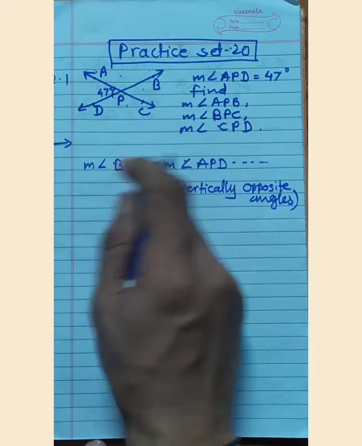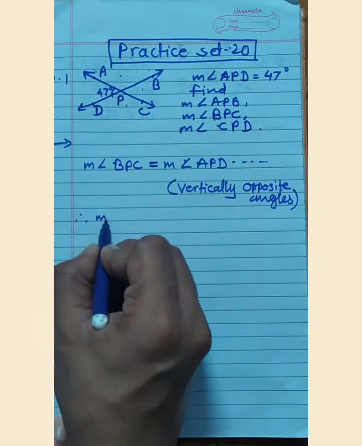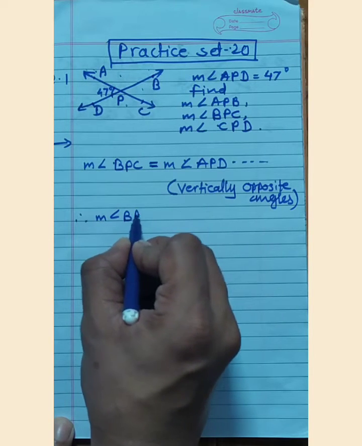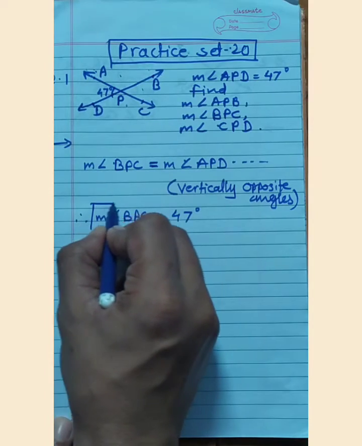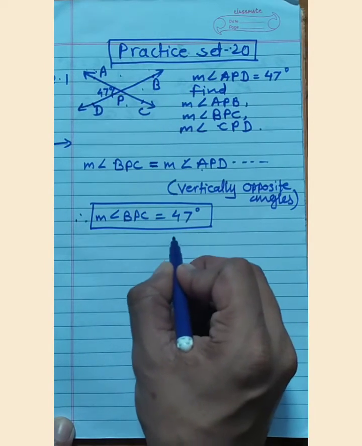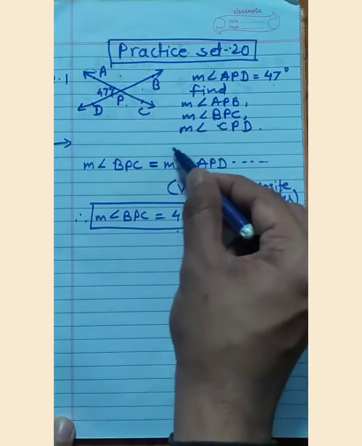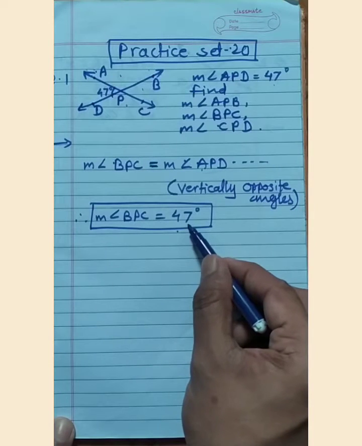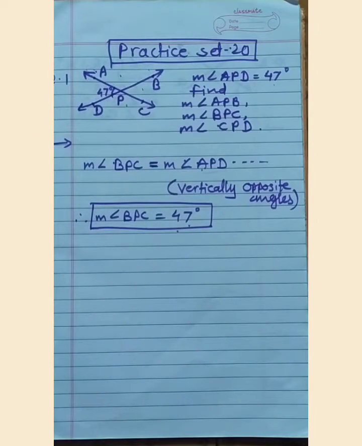Because they are vertically opposite angles, measure of angle BPC is equal to 47 degrees. Why? Because measure of angle APD is given as 47, so in place of APD you can write 47 degrees, so measure of angle BPC will be 47 degrees.